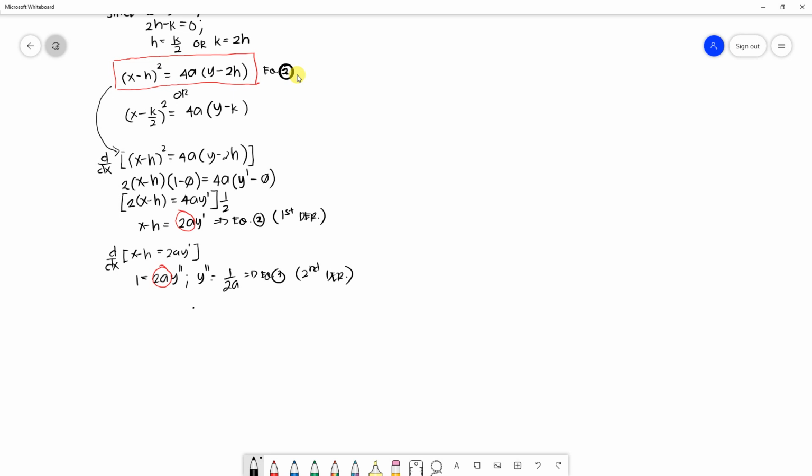Dapat pala to, 2a is equal to 1 over y double prime. So substitute equation 3 in 2. Equation number 2: we have x minus h is equal to yung 2a, papalitan na natin ng 1 over y double prime times y prime, or equals y prime over y double prime. Okay, so ito yung magiging equation number 4.